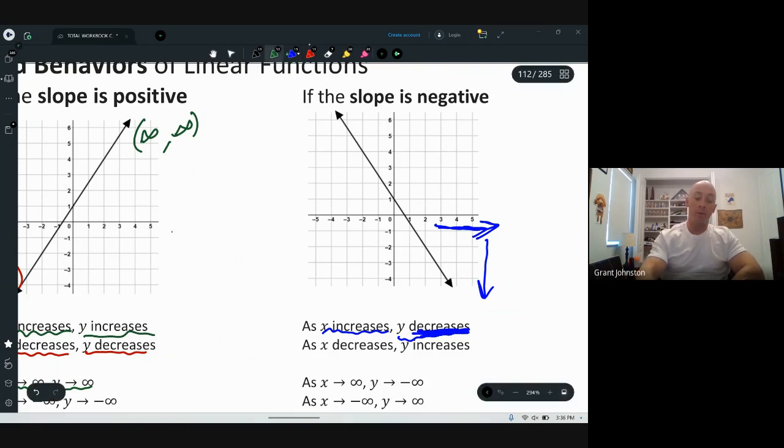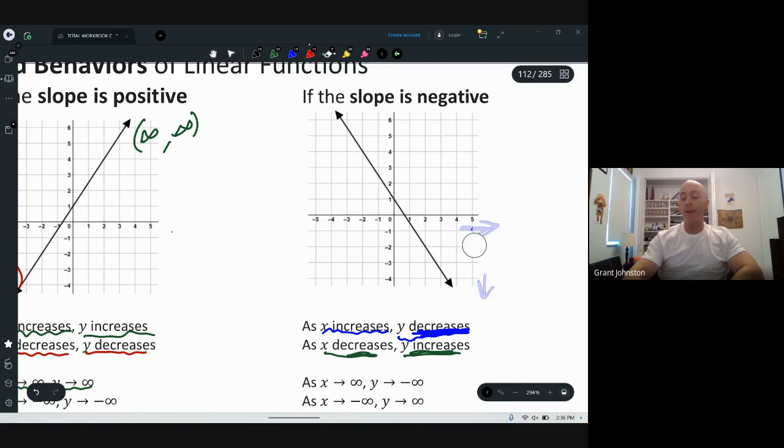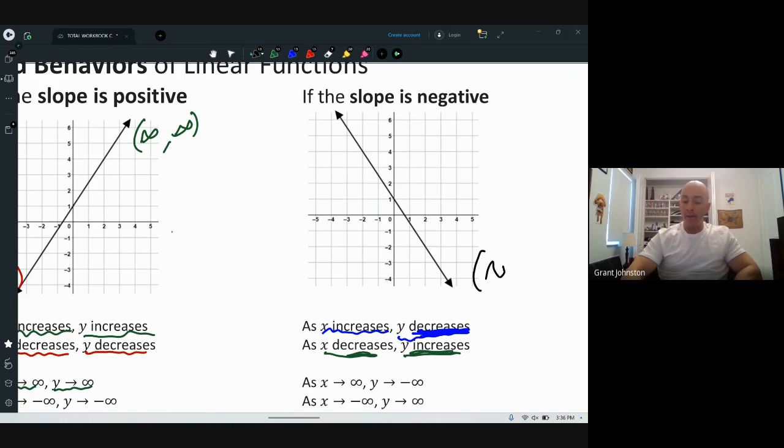And vice versa, as x decreases, as we go this way, y is actually now increasing. So in terms of this infinity concept, when that slope is negative, as x goes to positive infinity, this graph is going down to negative infinity in the y direction.